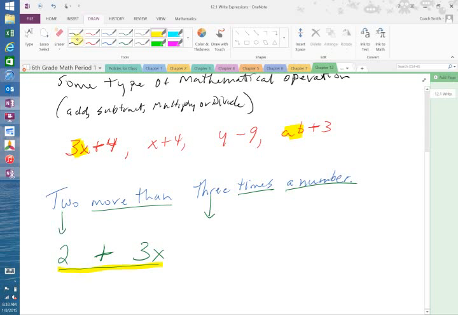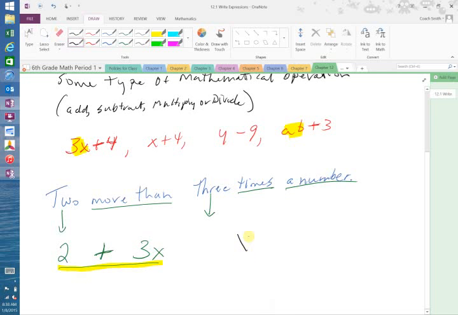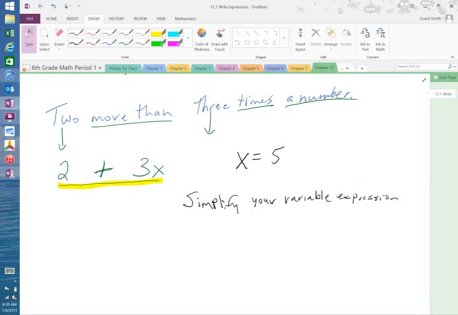Then what they're going to do is tell you that x is equal to 5. So now they want you to simplify your variable expression. Well, to simplify that, we just plug in the 5. 2 plus 3 times 5.